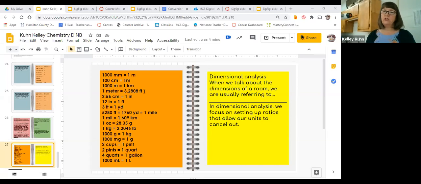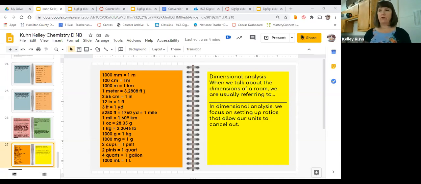Whenever we use the term dimensions, for example, I could ask you for the dimensions of this room. When we use the term dimensions, what kind of information do I want? Well, most of you would realize that what I'm asking for is the length and the width and the height.